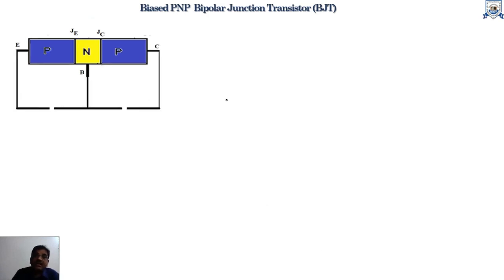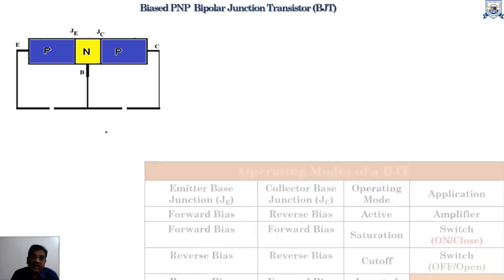Now consider the PNP transistor. Here it has two junctions and three terminals. To operate the PNP transistor with proper biasing, we have to follow the same conditions.